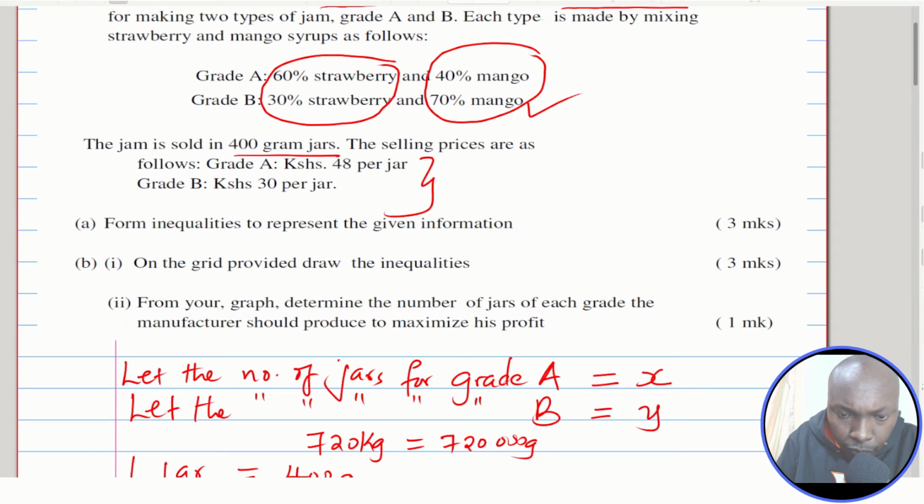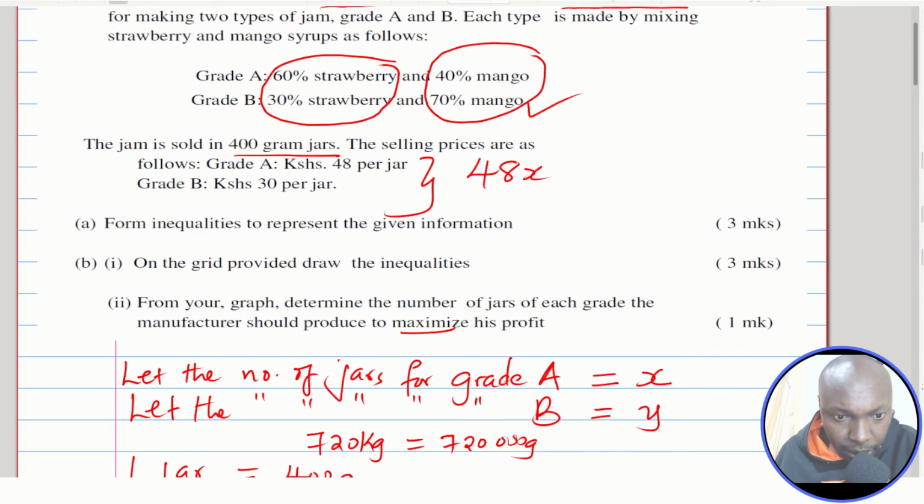For grade A, remember the number of jars for grade A, so the total amount is going to give us the objective function, which we're going to use to maximize the profit in part B of the question. So grade A, 48 shillings per jar. How many jars are there for grade A? There are x. So this will be 48x.